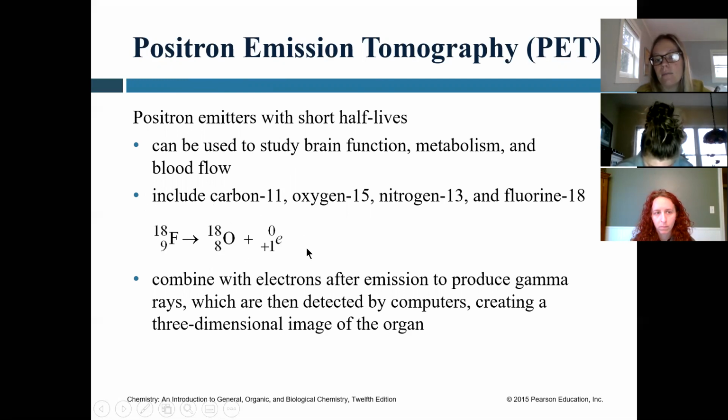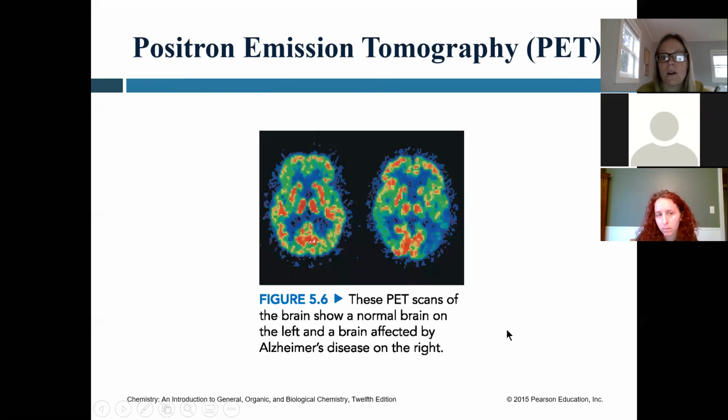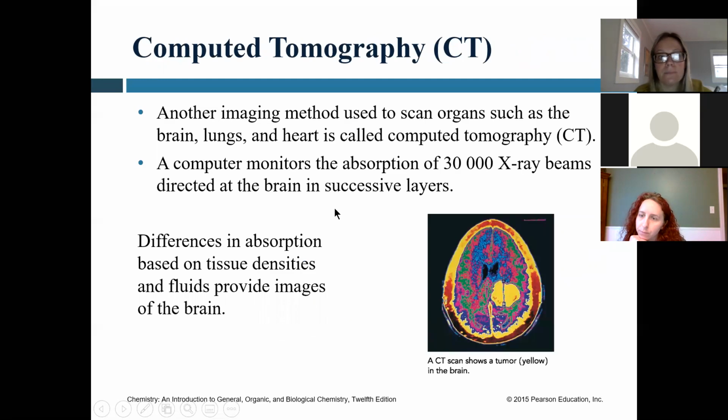The machinery will detect the positrons and then form a computer-generated 3D image of the organ. So cool. Here's a PET scan of somebody's brain. They're looking at different regions, trying to diagnose Alzheimer's, where they're seeing a lack of activity in the brain. So cool, not the Alzheimer's, but the technology.